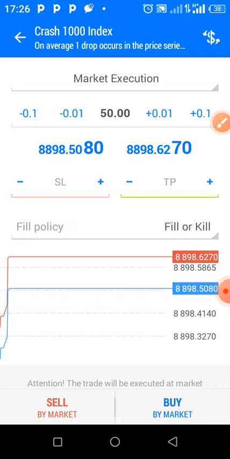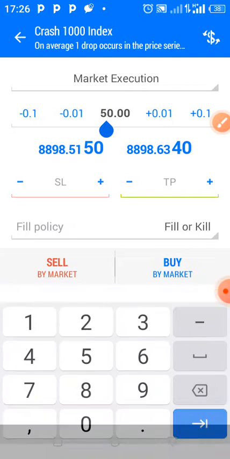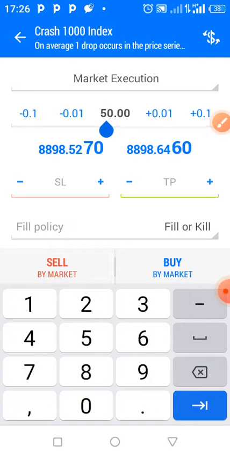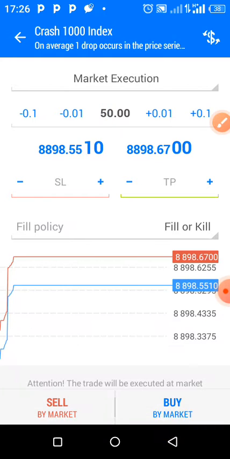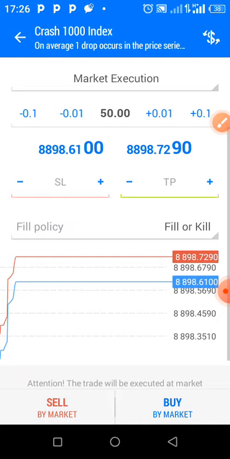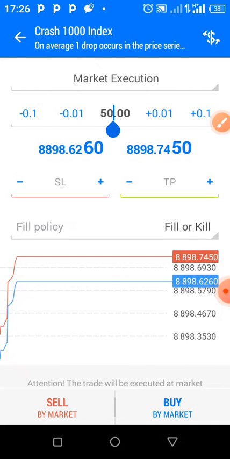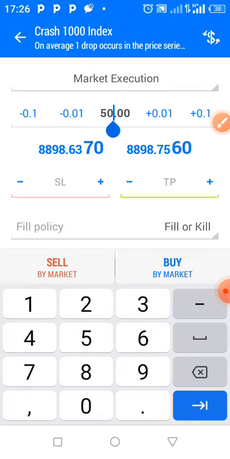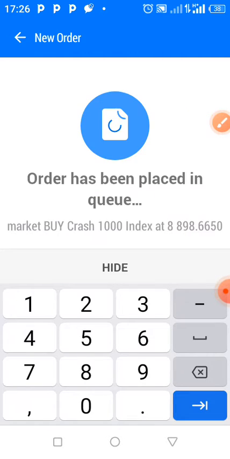I have to buy because I'm trading an up trade. So from here, click on that small arrow, click on this plus at the left hand side, and you come to this place. Whatever figure is there, reduce it to 1, then click buy.